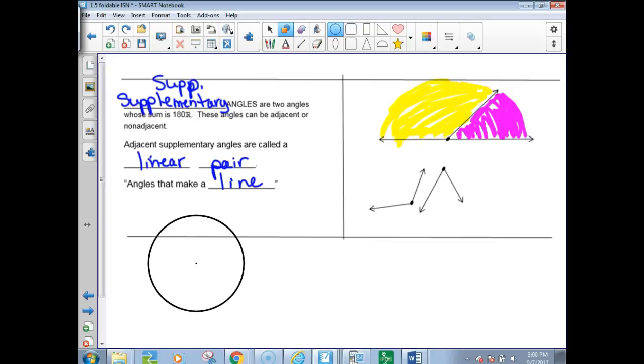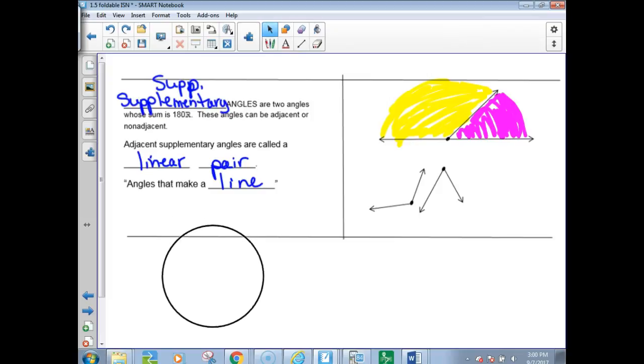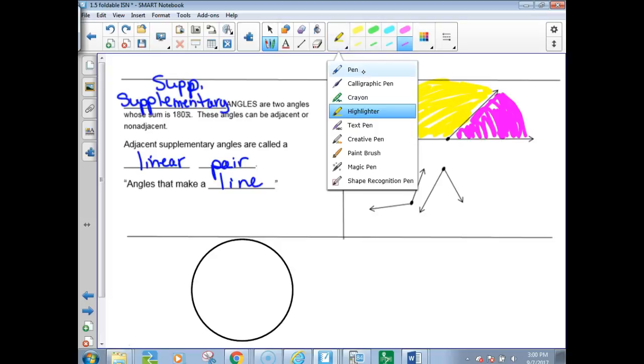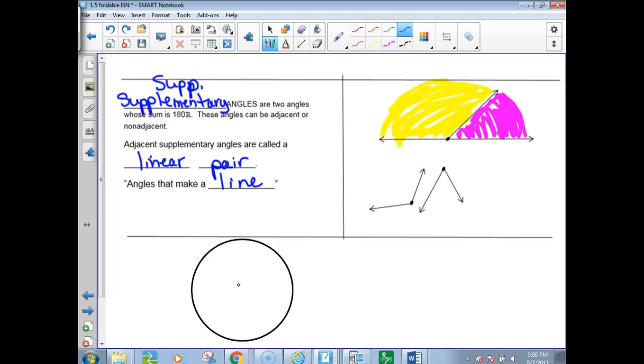I bet a lot of you know how many degrees are in this. It goes all the way around. So basically, if you go around one time, that is 360 degrees.